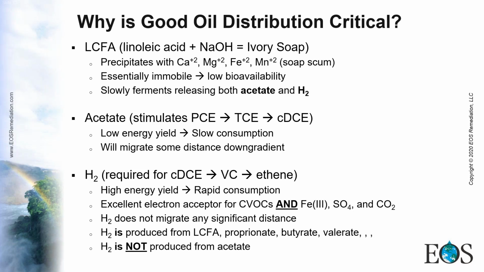Now, it's an equilibrium reaction, so there's always a little bit dissolved, and that small fraction that's dissolved will slowly ferment and release hydrogen and acetate. But since this soap scum we precipitated is immobile, right around the oil injection zone, it's not going to migrate down gradient.